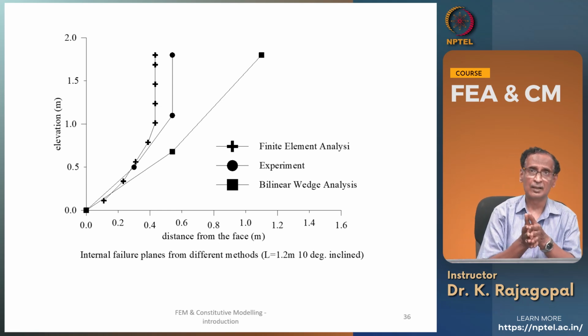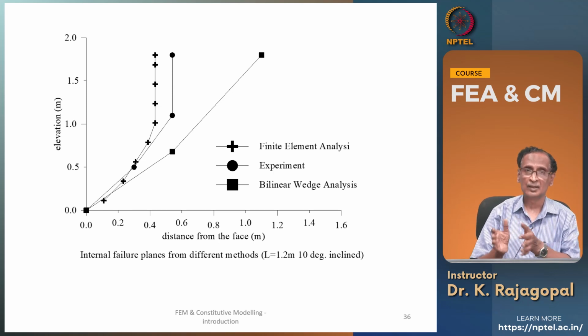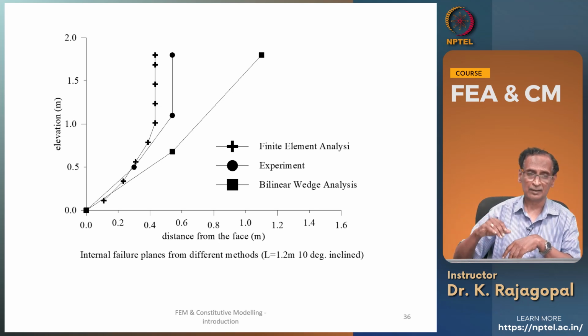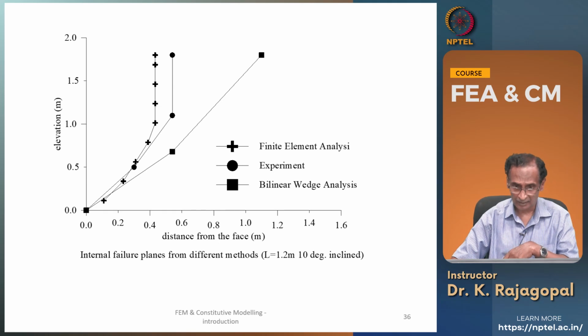And here we see that our finite element models are able to replicate the real behavior, and they are able to show the influence of the length of the soil nails and their inclination and their load capacity.